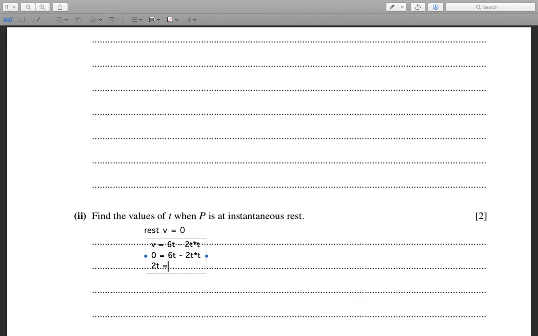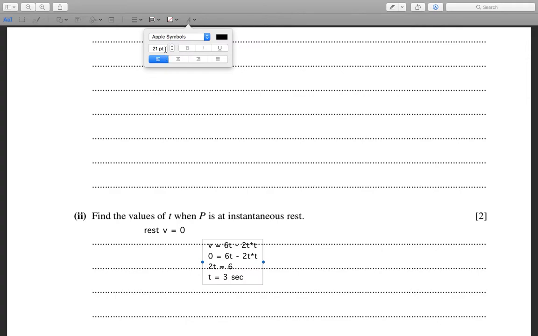So the time when P is at instantaneous rest is t equals 6 divided by 2, which is 3 seconds. That's the answer.